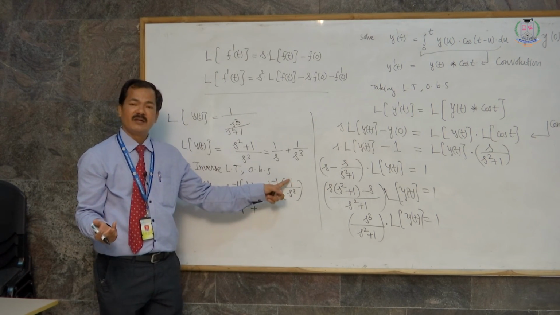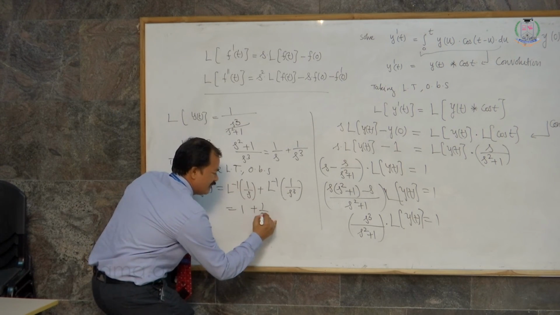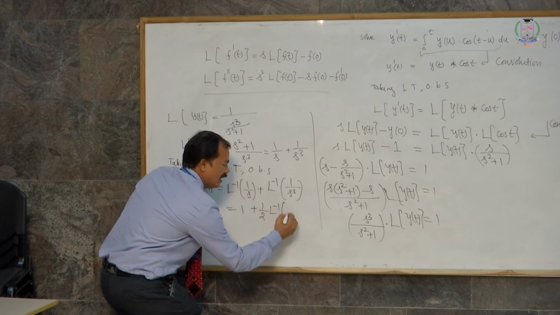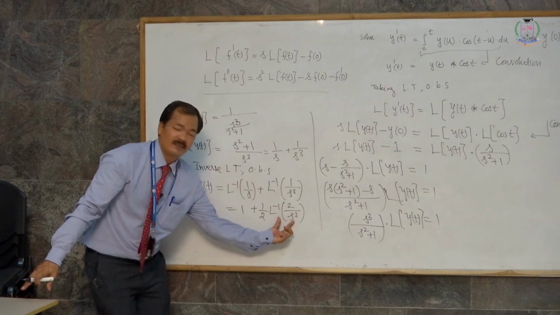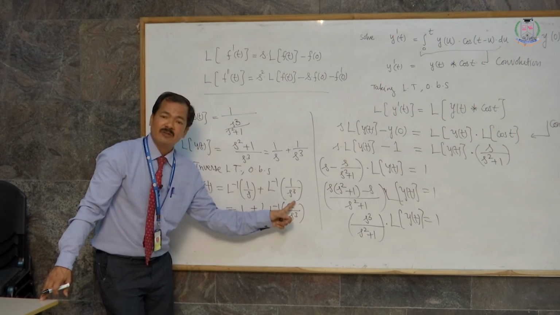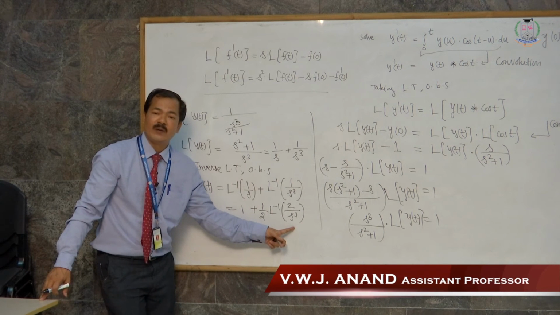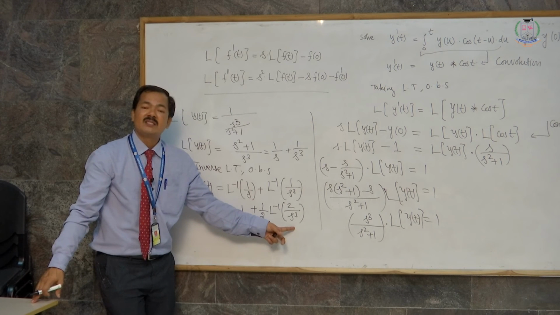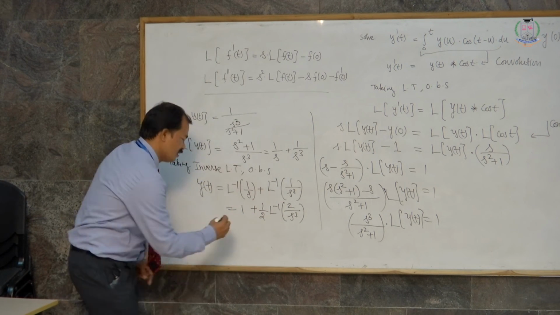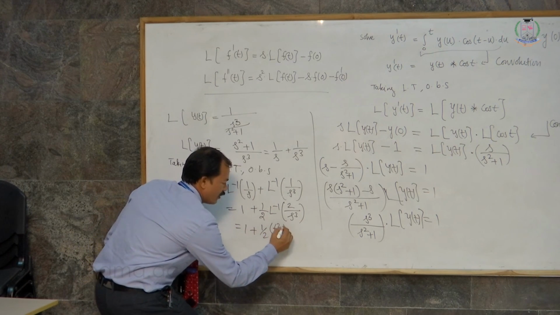So, in order to bring this into the standard form, multiply and divide by 2. This becomes L inverse of 2 factorial, that is 2, upon s cube. Now, this is of the form 2 factorial upon s cube. We know that the Laplace transform of t square is 2 factorial upon s cube. So, when you take the inverse Laplace transform, L inverse of 2 upon s cube is t square. So, that is equivalent to 1 plus 1 over 2 into t square.